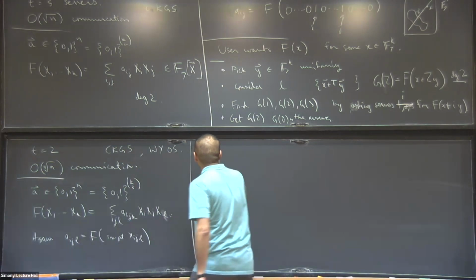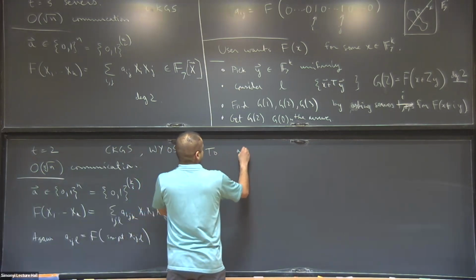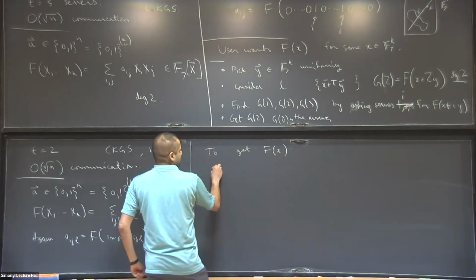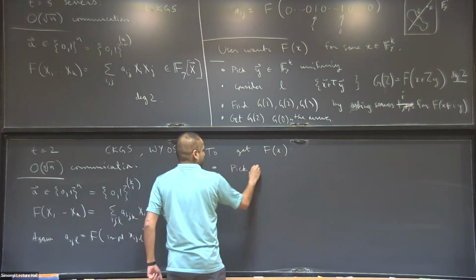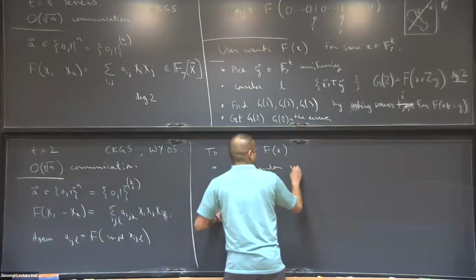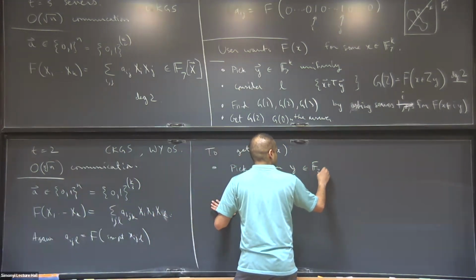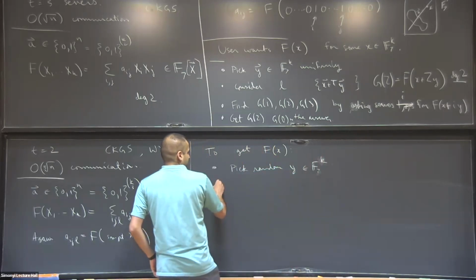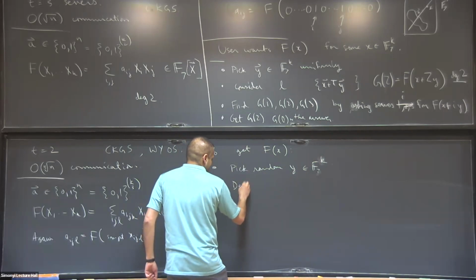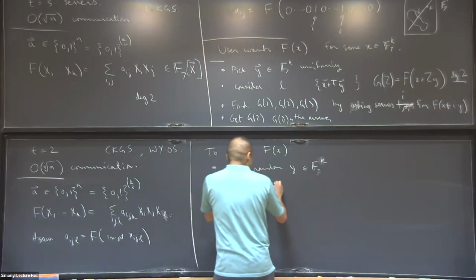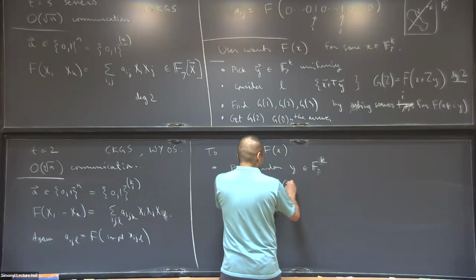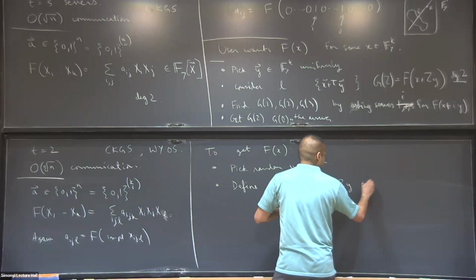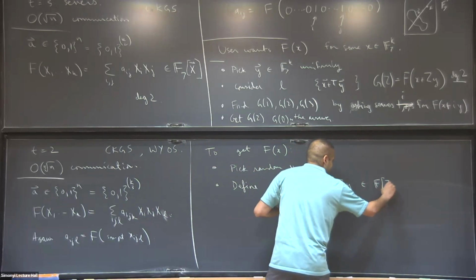Okay, so to get f of x for the general point x, we will pick random y in F to the k. I want to define the line, and give it a name. C of z to be x plus zy, and this is a univariate polynomial in z.